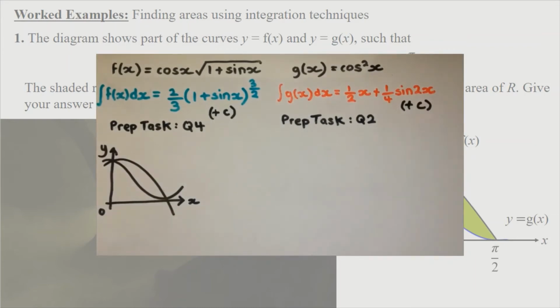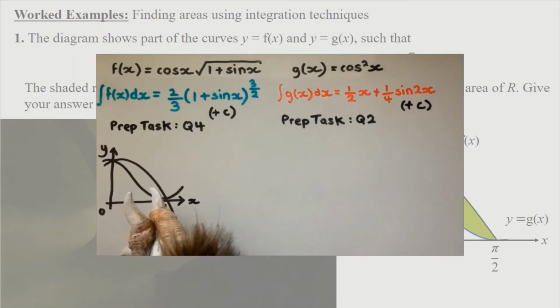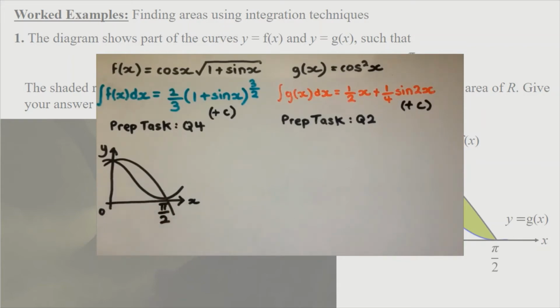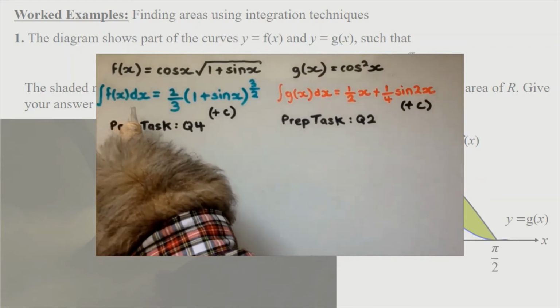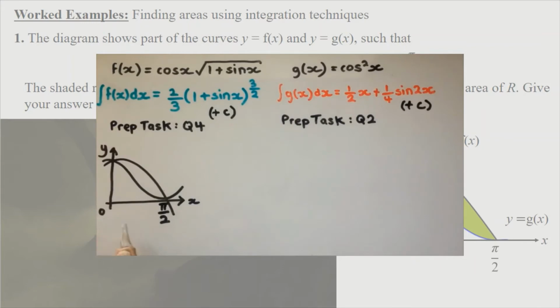Now let's just illustrate what we're being asked to do here. We want to calculate the area bounded between the two curves, which is called R. This value here, where the curves both intersect the x-axis, is pi over 2. Now this means that when I integrate f of x between the limits 0 and pi over 2, that will give me the area under the curve f.